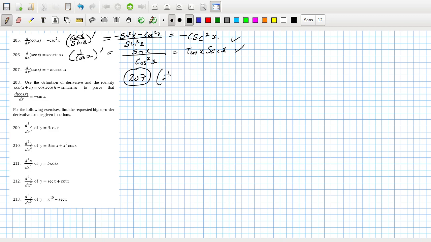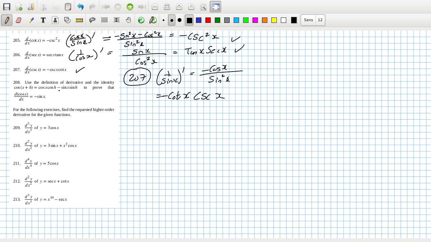So the derivative of 1 over sine x, that's the bottom squared. The bottom times derivative of the top minus the top times derivative of the bottom. Cos over sine is cotan. Put a minus here. And then 1 over sine is cosec x.